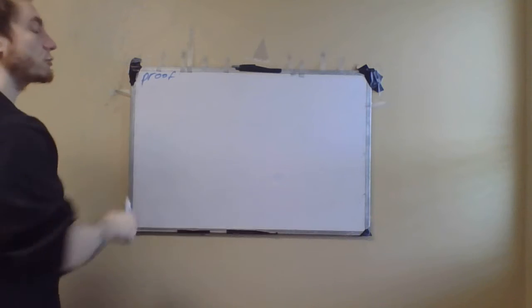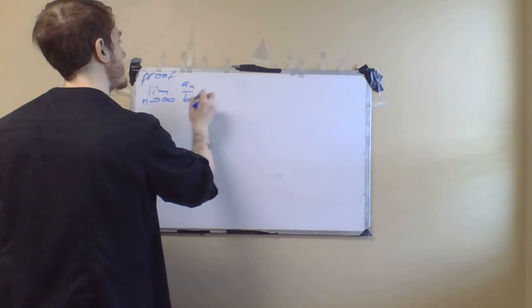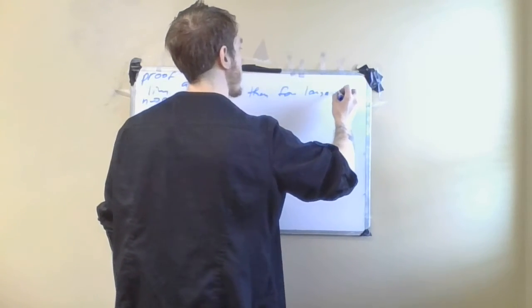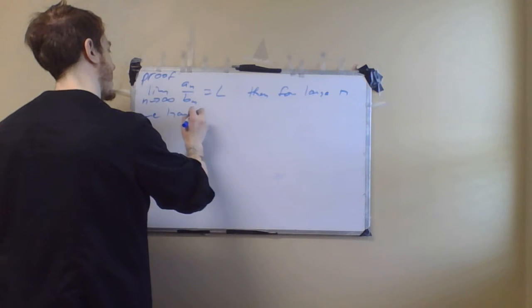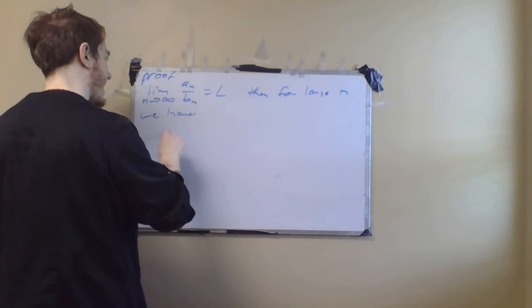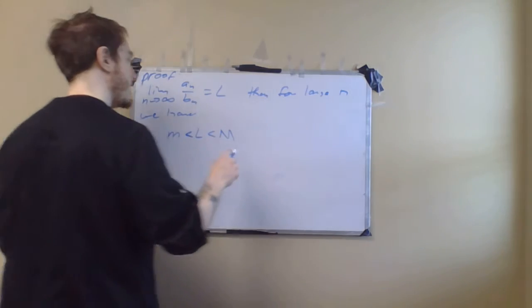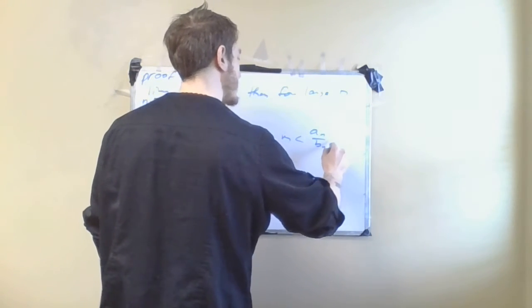Okay, so the actual proof that we want to look at is that if the limit as n goes to infinity of a sub n over b sub n is equal to L, then for large enough n, we have two numbers, little m and big M, with little m less than L less than big M, and little m less than a sub n over b sub n less than big M as well.